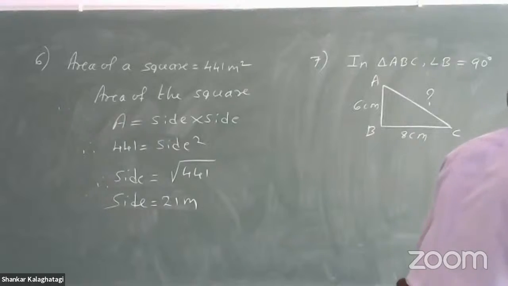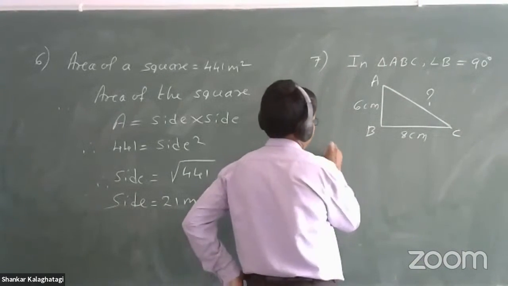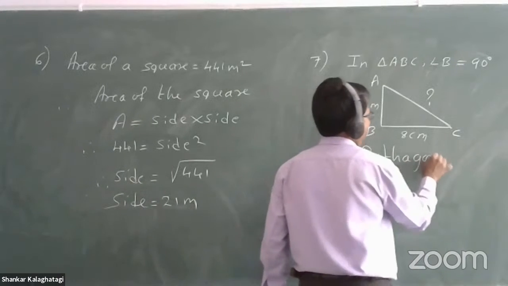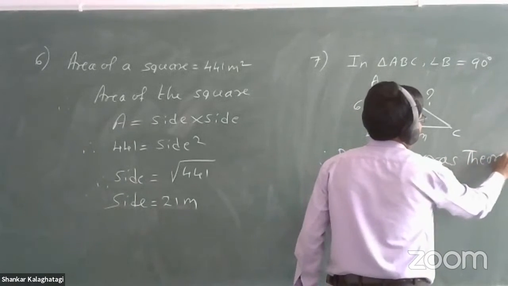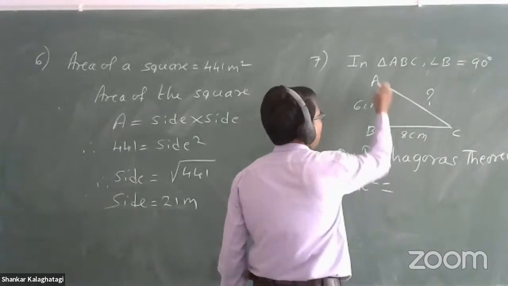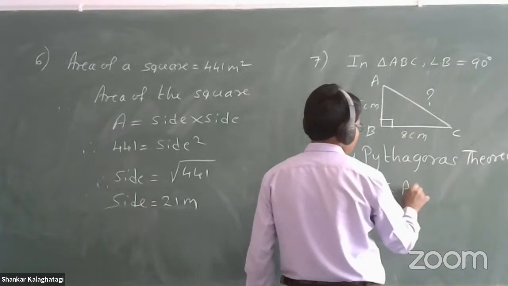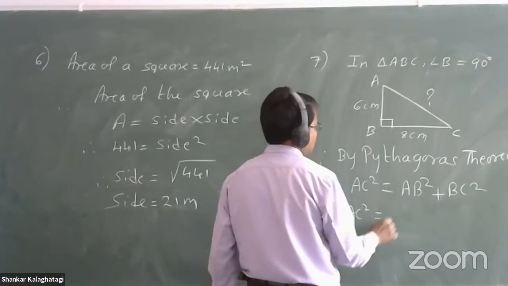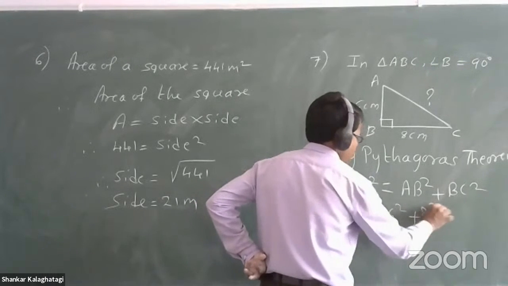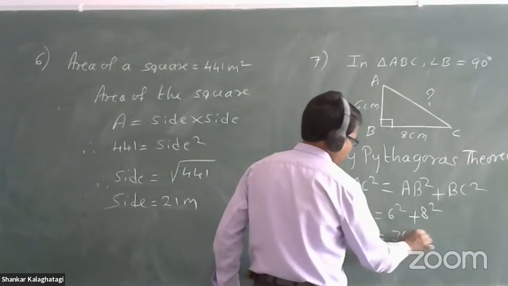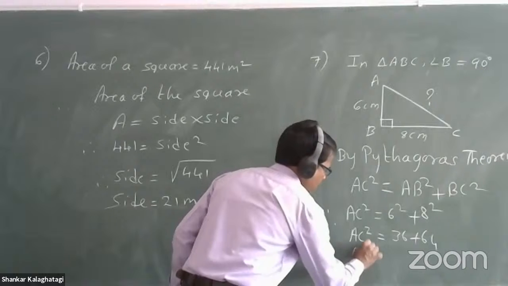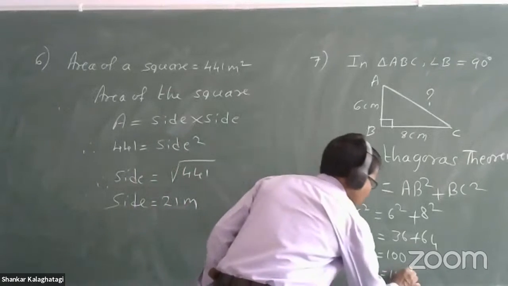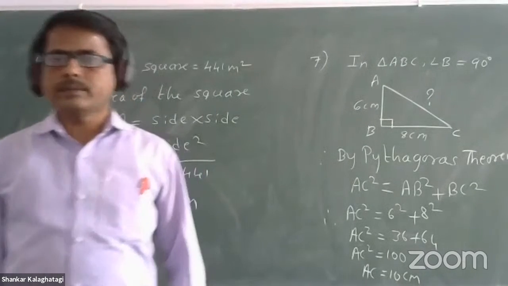By Pythagoras theorem, we can write AC square equals the sum of squares on the other two sides: AB square plus BC square. Therefore AC square equals 6 square plus 8 square, that is 36 plus 64, which is 100. AC equals 10 centimeter. Understood now?